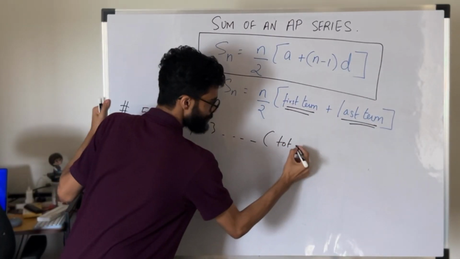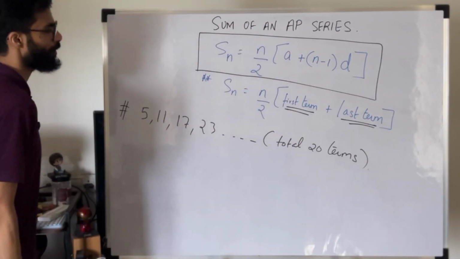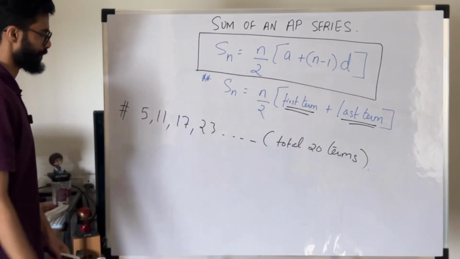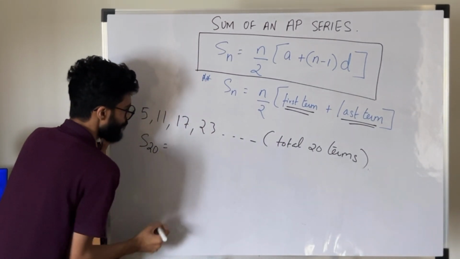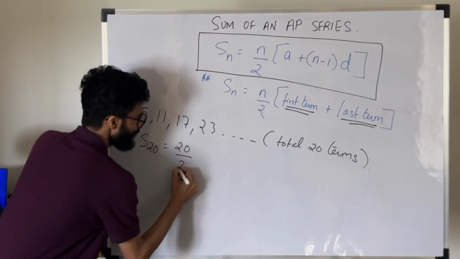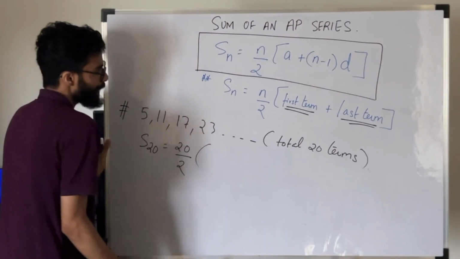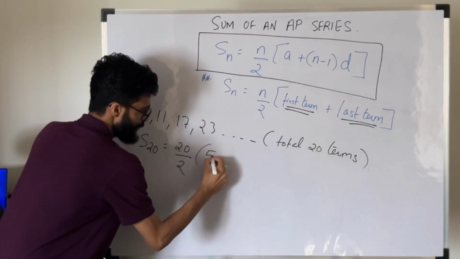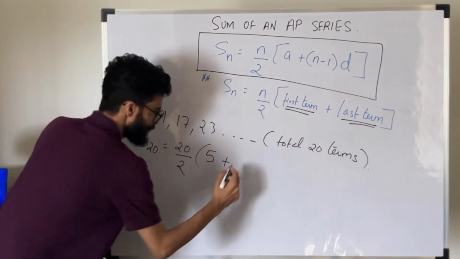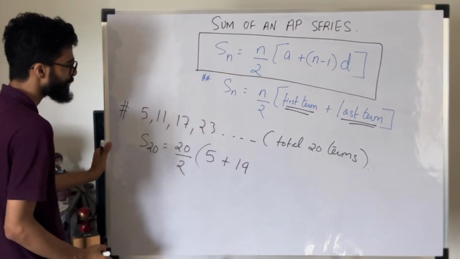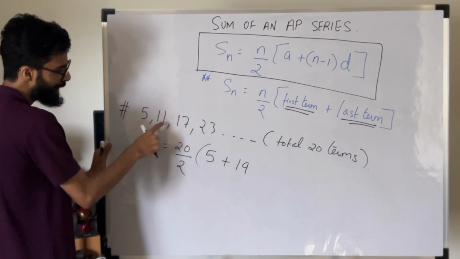there are total 20 terms, find the sum of these 20 terms, then I will apply S20 equal to 20 by 2 क्योंकि मेरी n की वैल्यू 20 है into a की वैल्यू यहाँ पे 5 है plus if there are 20 terms my n minus 1 will be 19 times d. कितना हो रहा है t2 minus t1 या फिर t3 minus t2, I'm getting d as 6.